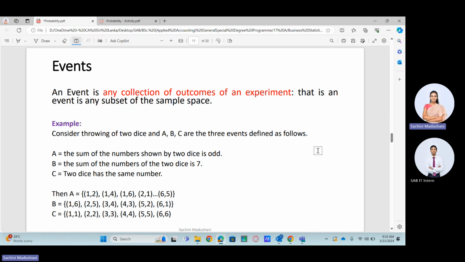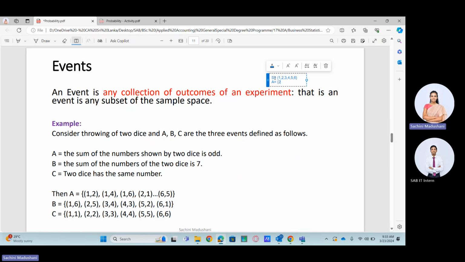Our sample space is 1 to 6. Then we identify the event called getting an even number, denoted by capital A. Event A is getting an even number.